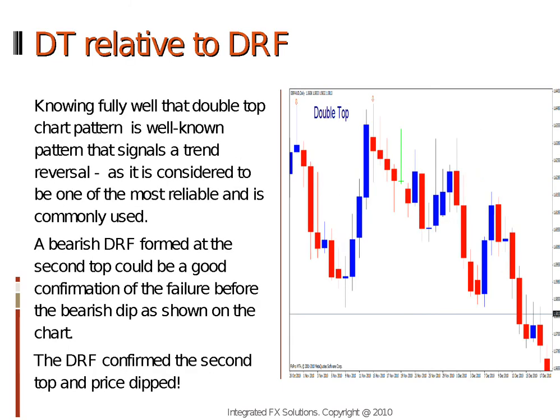When we're looking at double tops, we look at various factors, whether there's support or resistance, and other things such as a DRF. If we get a DRF bar at a double top, that sort of perks our interest up to go and take a closer look and possibly look for a short trade.